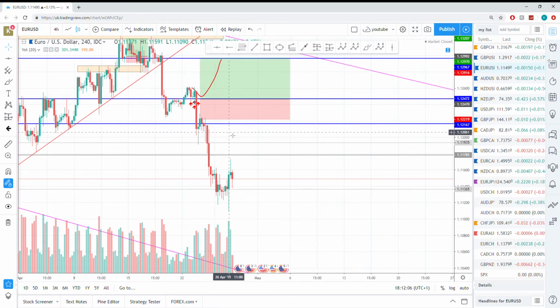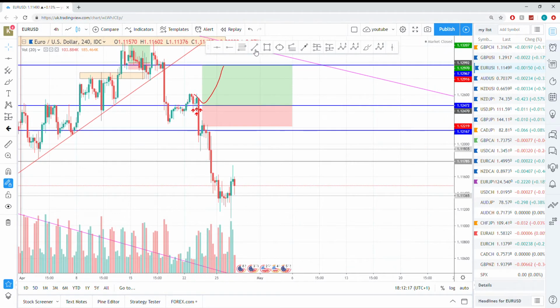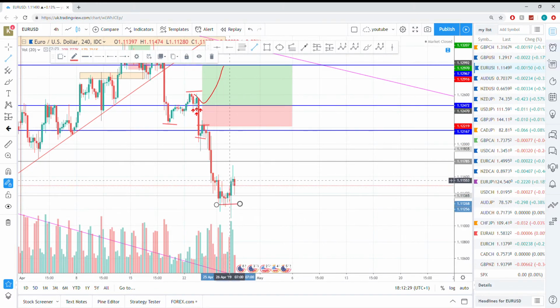However, we had the impression that we could not keep the bullish momentum upwards, so we ended up following this downtrend. As you can see, we made lower lows, lower highs, lower lows, lower highs, and lower lows, lower highs.